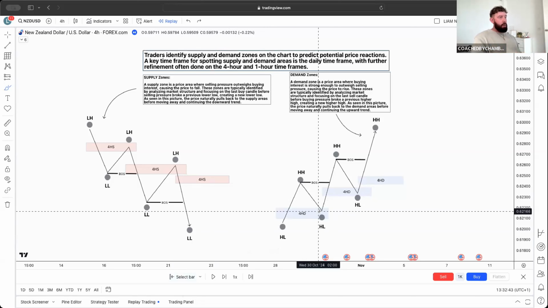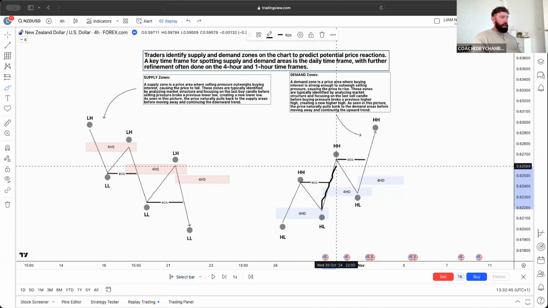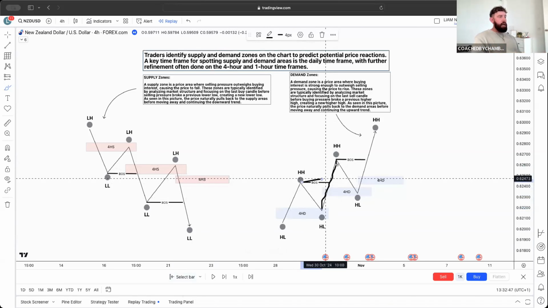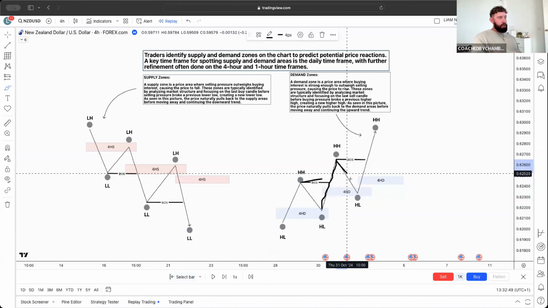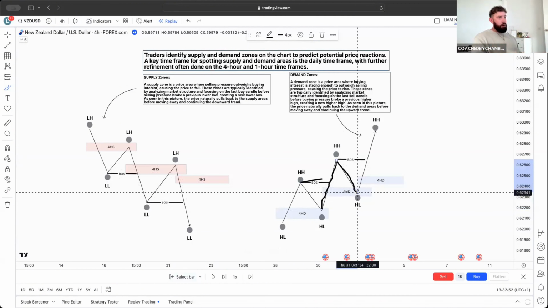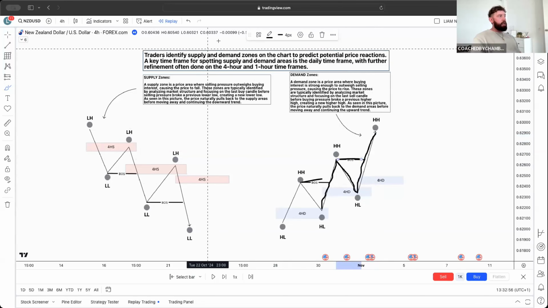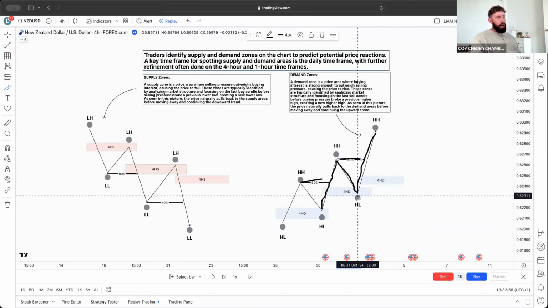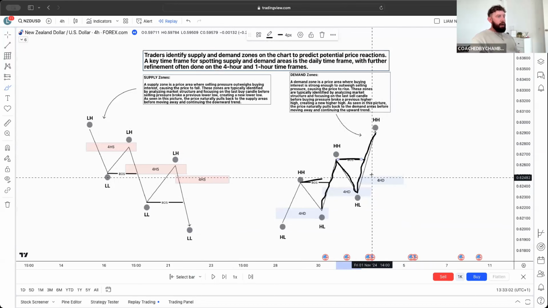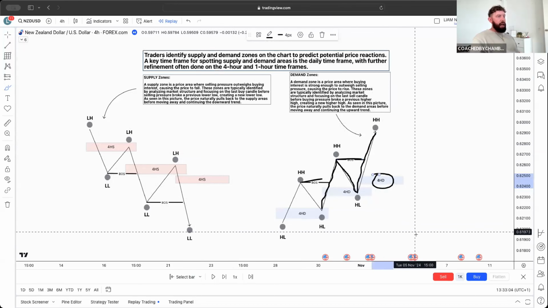So we come up into a demand, we break this higher high here, and then we naturally pull back to the demand area before moving away and creating a new higher high. Again, if we're looking at this right now, we can see that we've got a higher low and a higher high. This is our range, and we need to identify our 4-hour demand area.